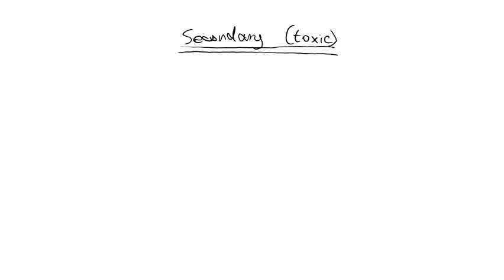So the next type of dilated cardiomyopathy is called secondary or toxic dilated cardiomyopathy. And this condition is not as common in terms of a genetic cause as is seen with idiopathic dilated cardiomyopathy, because in this case we usually do actually know what's causing the condition.